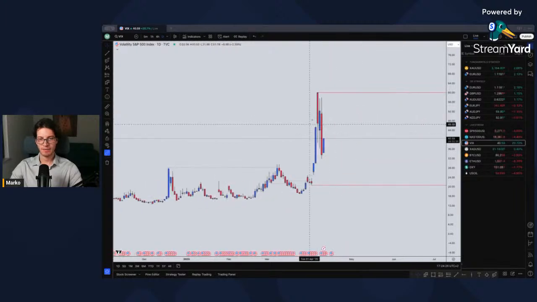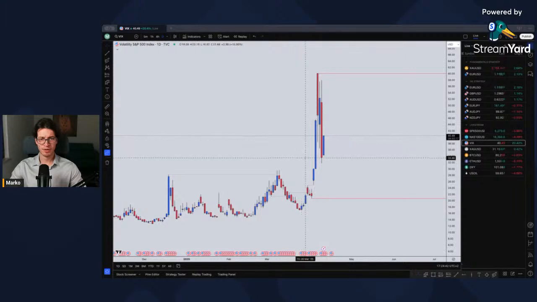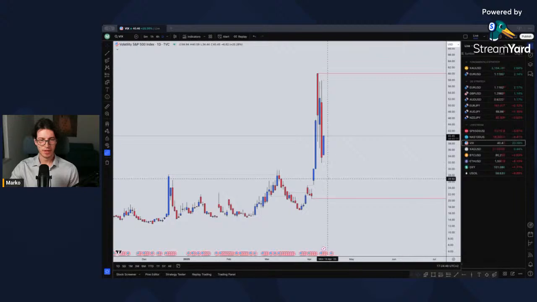When VIX is very high, the market is most likely selling off. So look at the S&P, look at the VIX. VIX going up, stock market goes down.